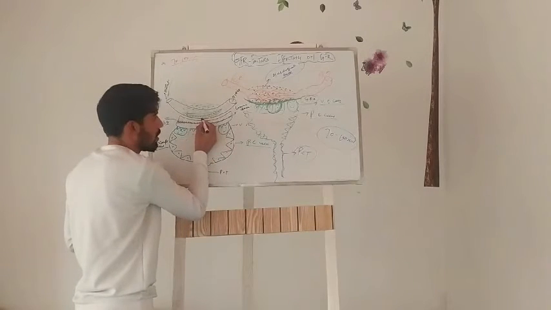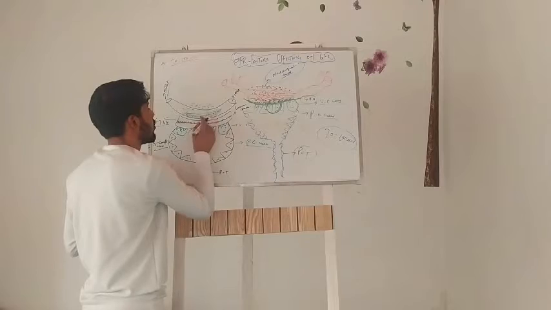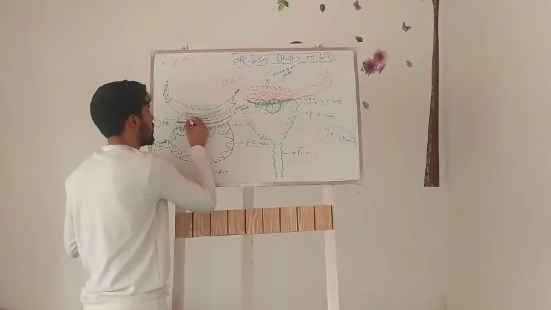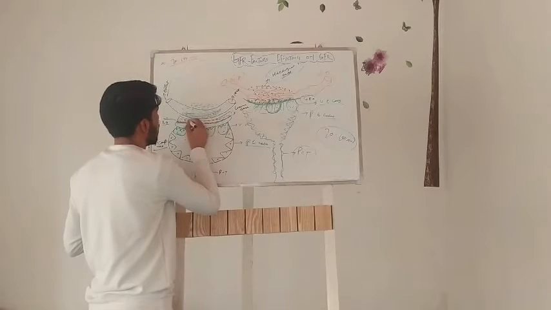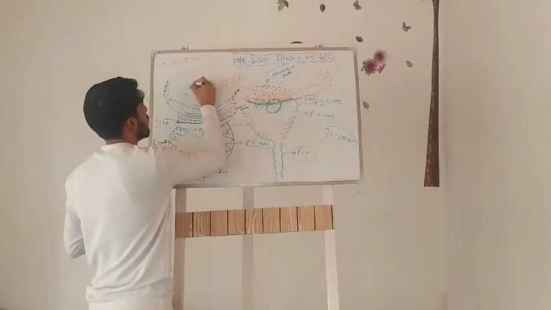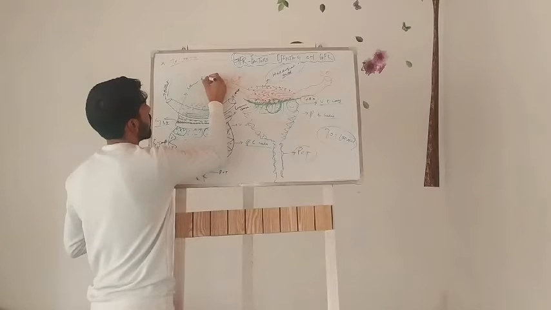And this side, the upper side, which is facing towards the capillary body or endothelial cells, which are facing towards the capillary cells, this part is called lamina rara interna.